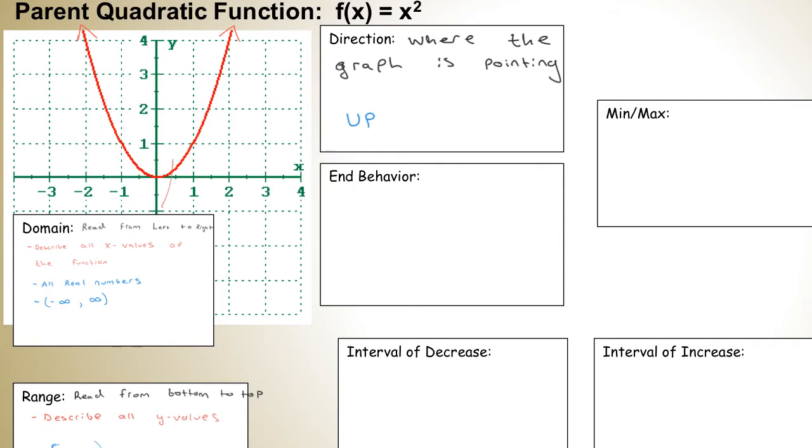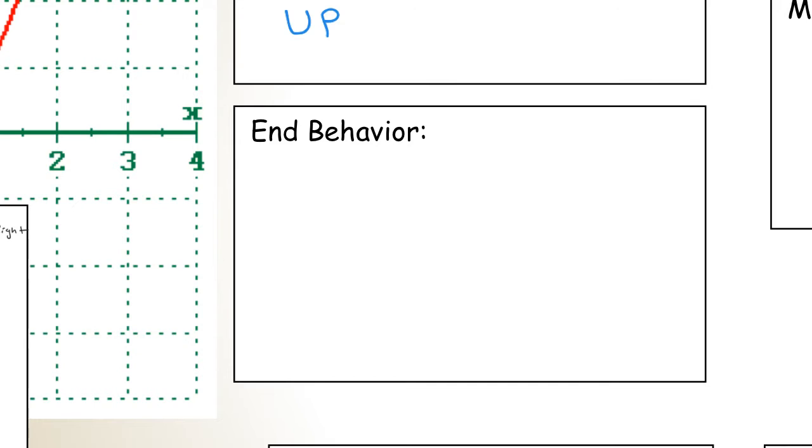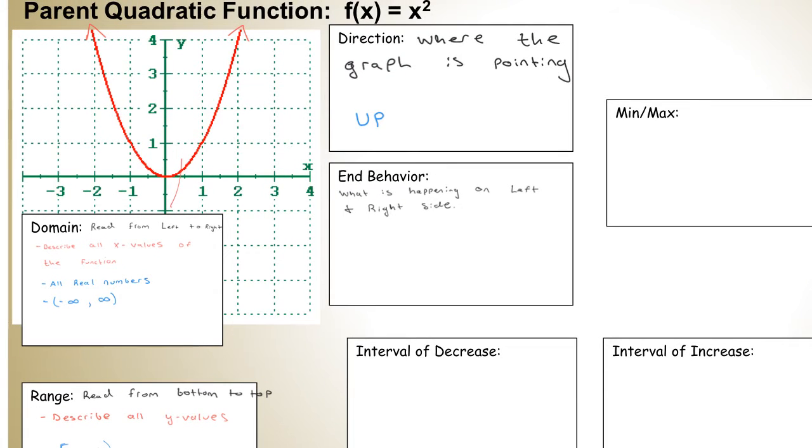In end behavior, the next thing, we're going to describe what's happening on the left and right side. If I were to imagine that I was standing in the middle of this function, right here, and I look to the left, this function is rising, okay?